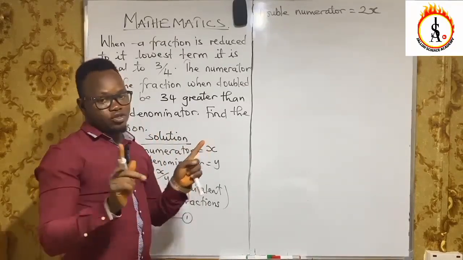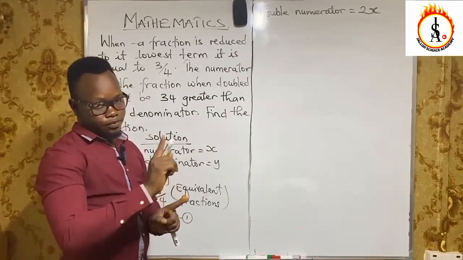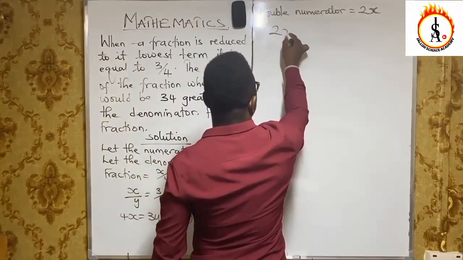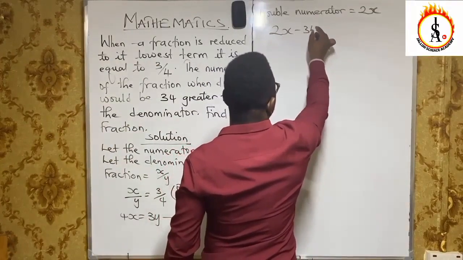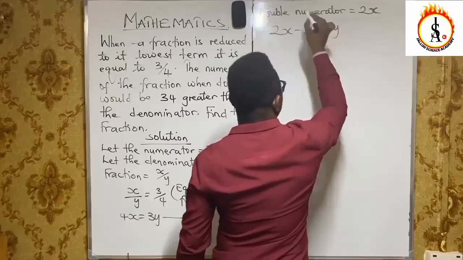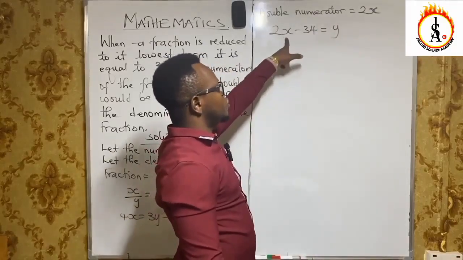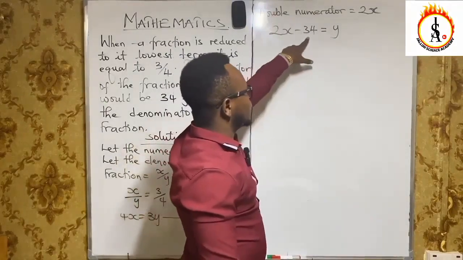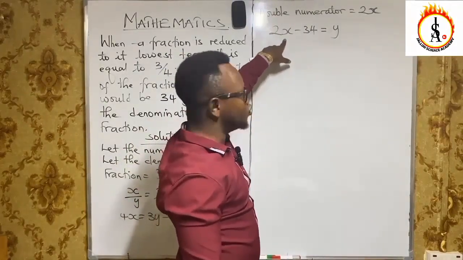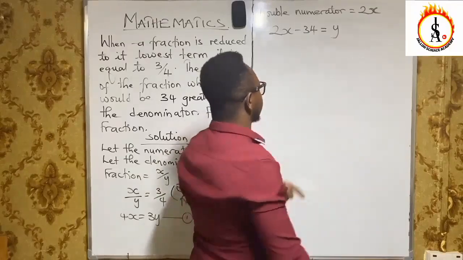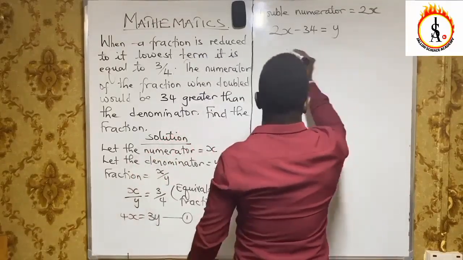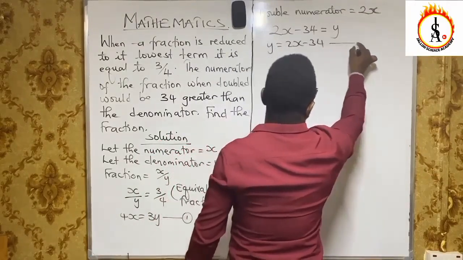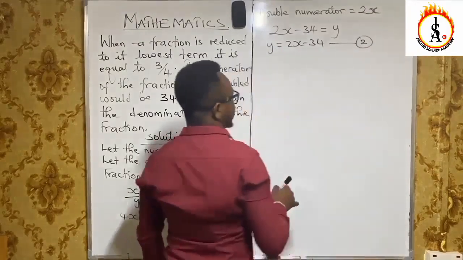So we can write it as 2x minus 34 is equal to y, because we are told that the numerator, when doubled, is 34 greater than the denominator. So when you subtract 34 from twice the numerator, that will give you the denominator. So y is equal to 2x minus 34. This gives us our second equation.